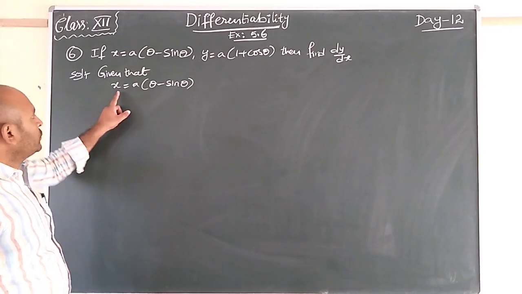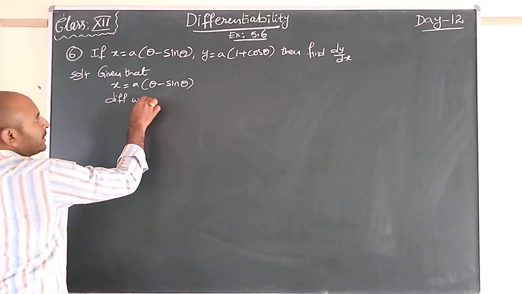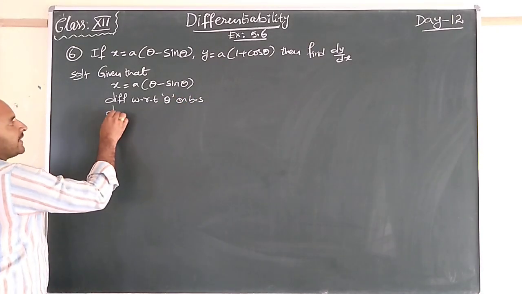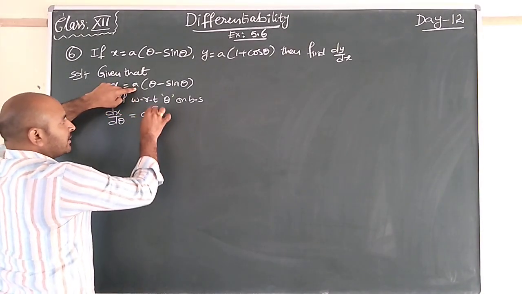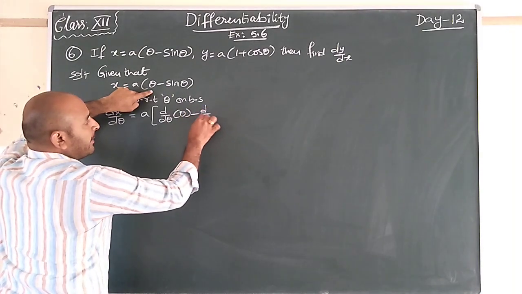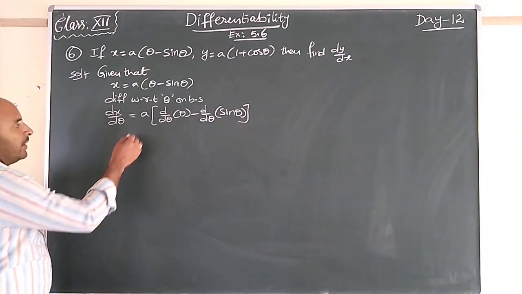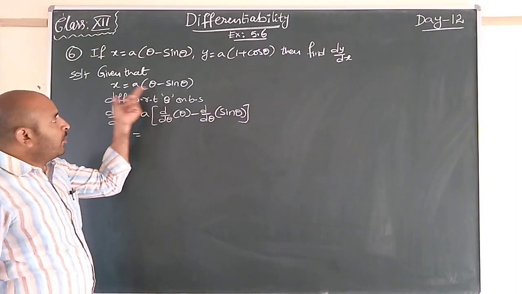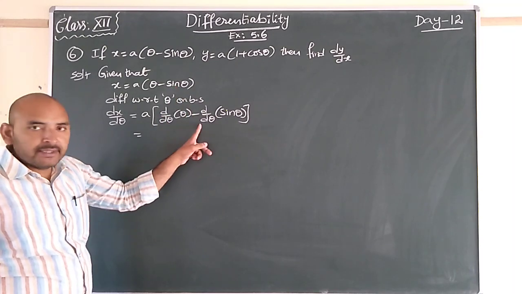Differentiate with respect to theta on both sides. dx by d theta is equal to, with respect to theta, a is constant, take it outside, and apply the derivative to both functions: d by d theta of theta minus d by d theta of sin theta.